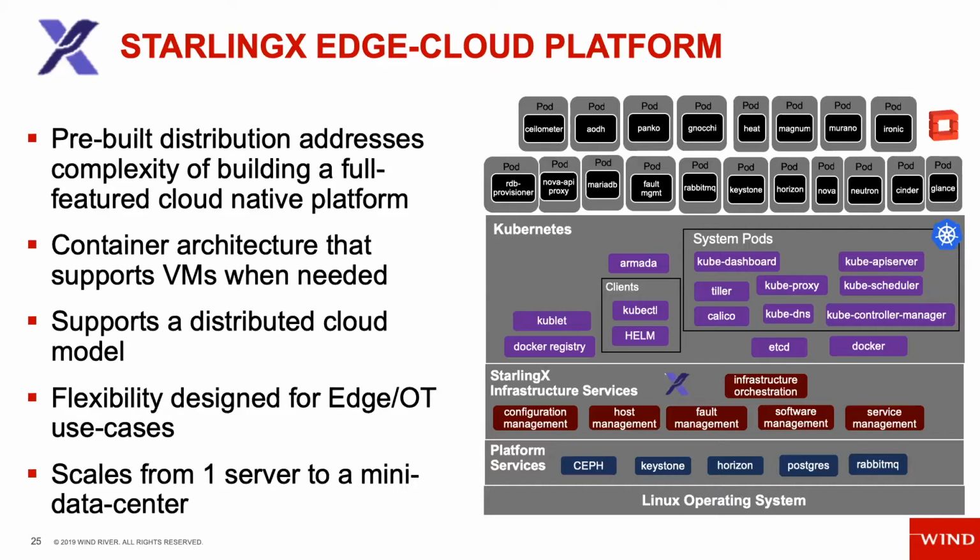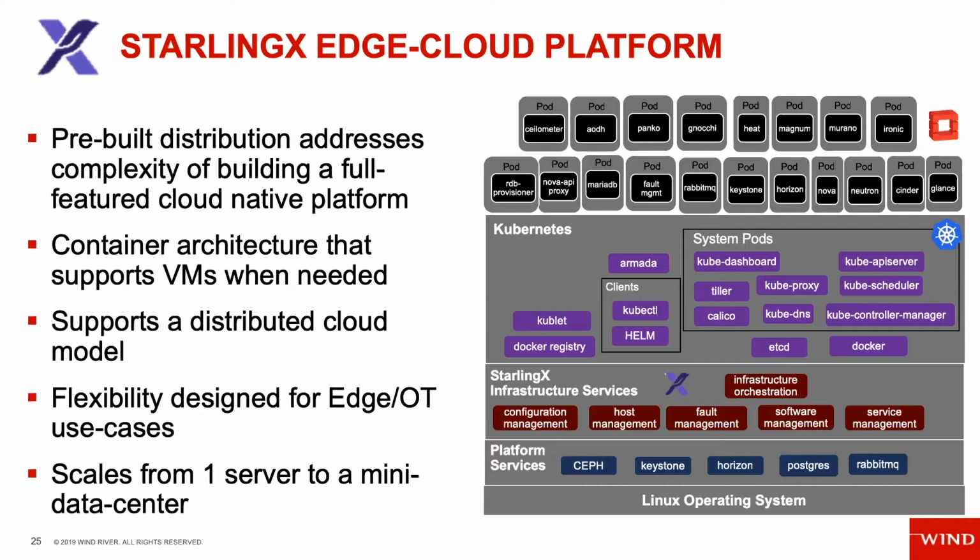And the really interesting thing is that it can scale from a single server, hyper-converged control plane, compute, and storage into a single server. So that's going to address the cost requirement that we showed earlier. One of the challenges was the cost of deployment.